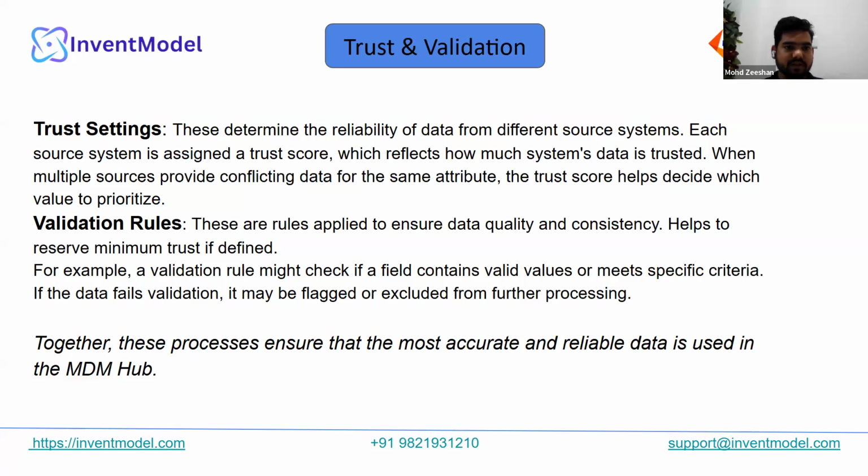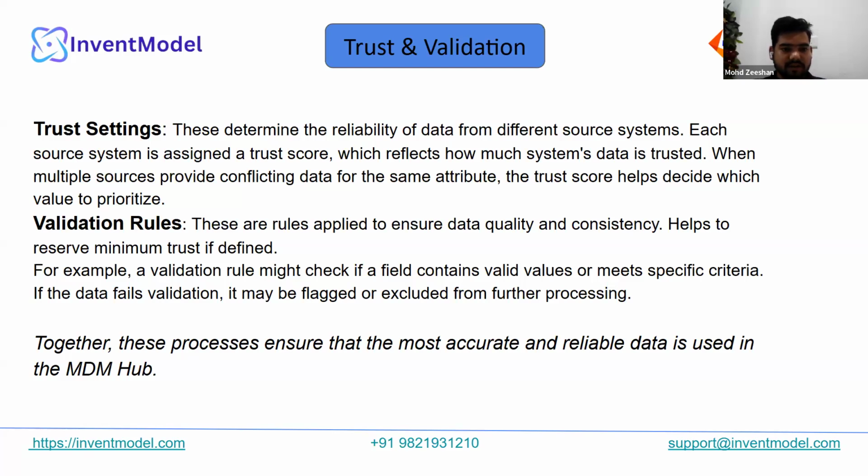Trust settings determine the reliability of data from different sources, and each source system is assigned a trust score, which reflects how much the system's data is trusted. When multiple sources provide conflicting data for the same attribute, the trust score helps decide which value to prioritize. So that is the use of the trust value. We can define the trust score for every record.